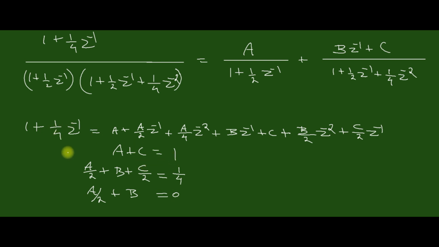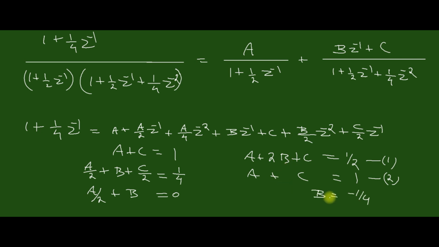This can be rewritten as A plus 2B plus C equal to 1 by 2, and A plus C equal to 1. Subtracting, we get B equal to minus 1 by 4. Once you know B, A can be easily computed: A equals 1 by 2. Similarly, we can determine C.